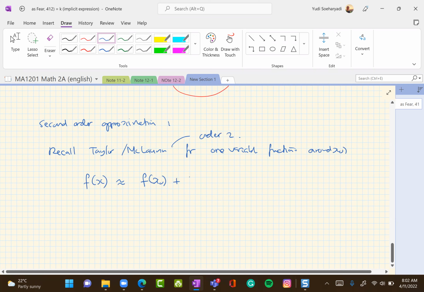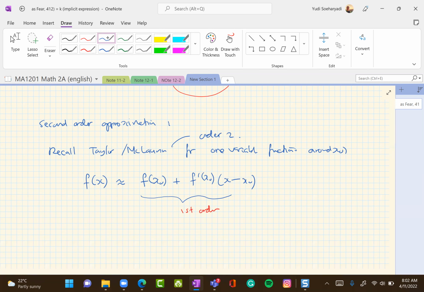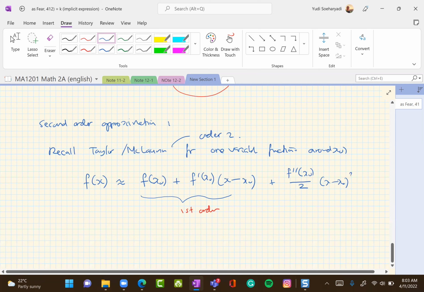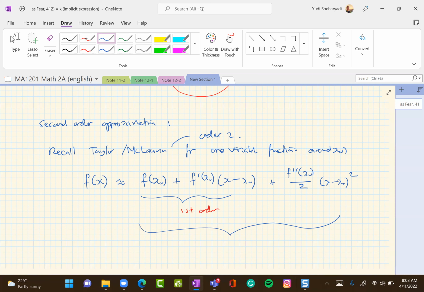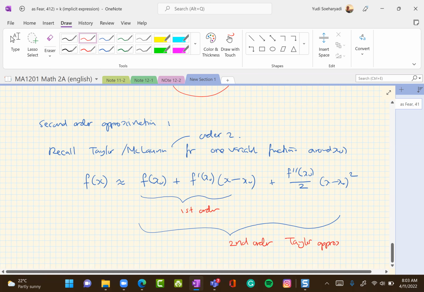Plus f prime of x naught times x minus x naught. So this is the first order. And second order is that x minus x0 squared. Now this is our second order Taylor approximations.